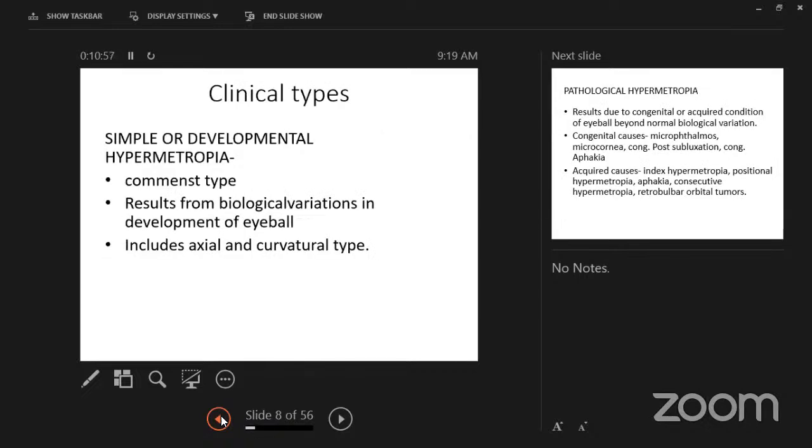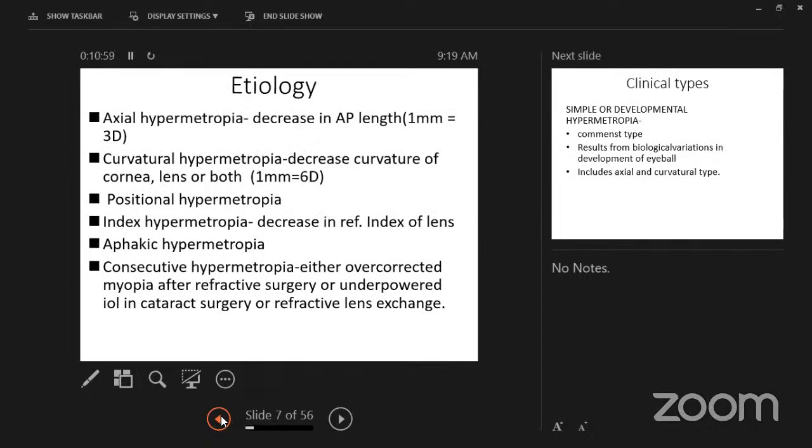So, suppose the patient has +6 diopters of hypermetropia at present, okay? And now his axial length increases from 21 millimeters, which was earlier, to 21.5.